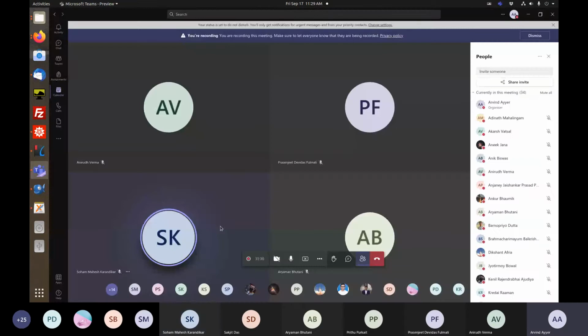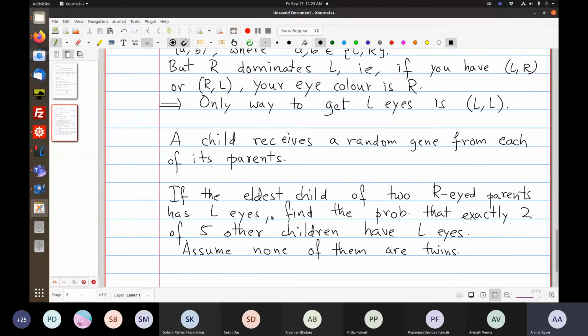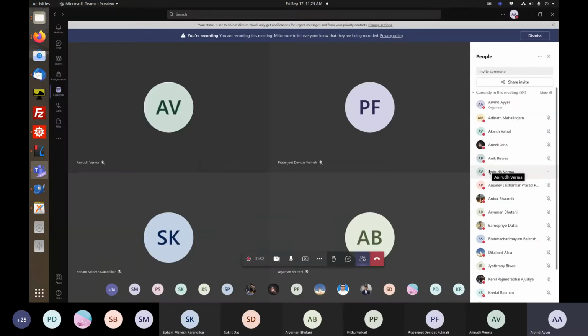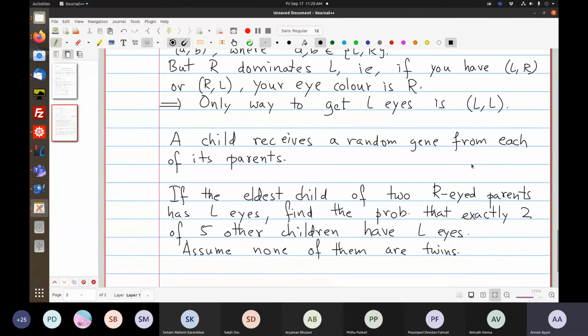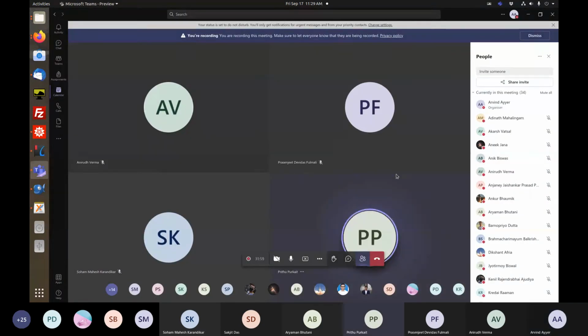Can you say something stronger? Yes, that is correct. Soham is pointing out that if this eldest child has L eyes, both genes have to be L, and that means both parents had to have at least one L. Everybody agrees?